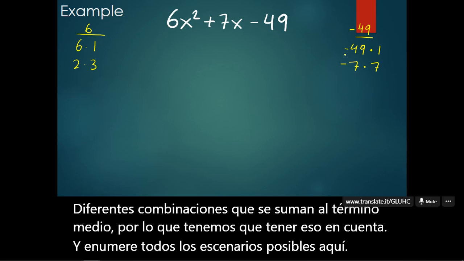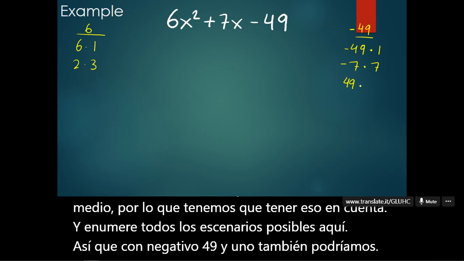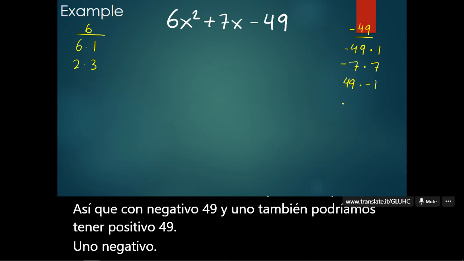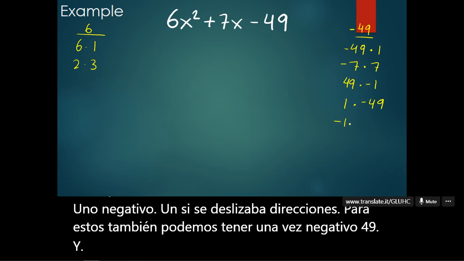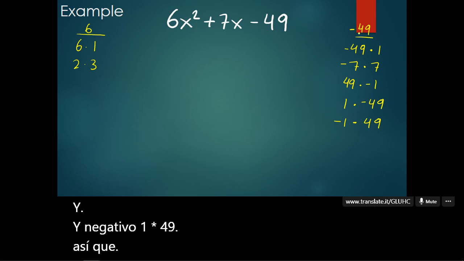So with negative 49 and 1, we could also have positive 49 and negative 1. And if we flip directions for these, we can also have 1 times negative 49 and negative 1 times 49. So you can see the 49 and 1 deal with 4 different scenarios.